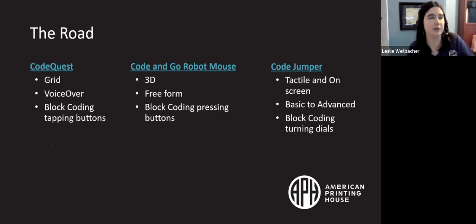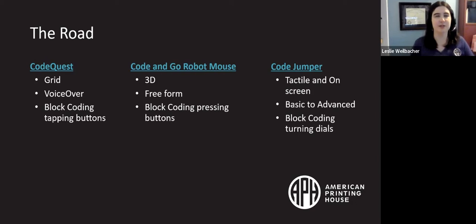Our next stop on the journey was Code and Go Mouse. And that was 3D, more free form. Also block coding in the terms of pressing buttons on the mouse's back. And now we come to Code Jumper.